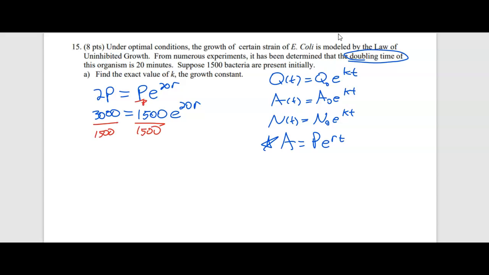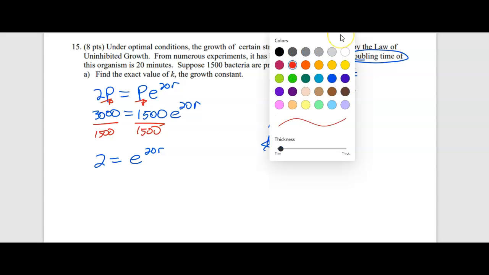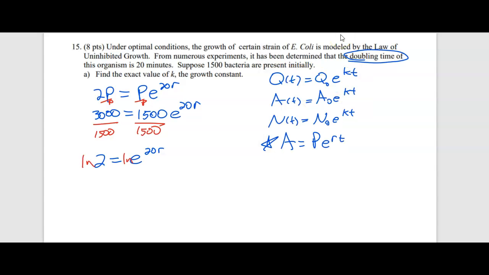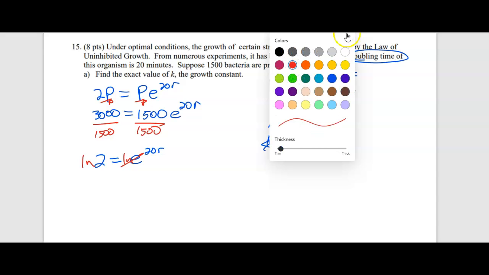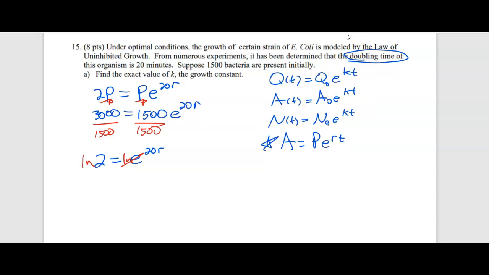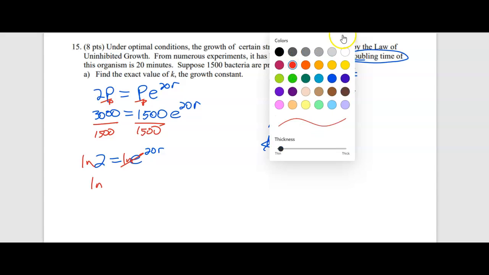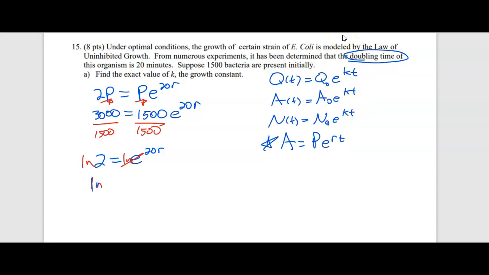Up here, if you were to divide by P, whichever way you do it, you end up with this, 2 equals e to the 20R, or K, depending on which one you use. Natural log both sides allows us to eliminate the e, and we now have natural log of 2 equals 20R.